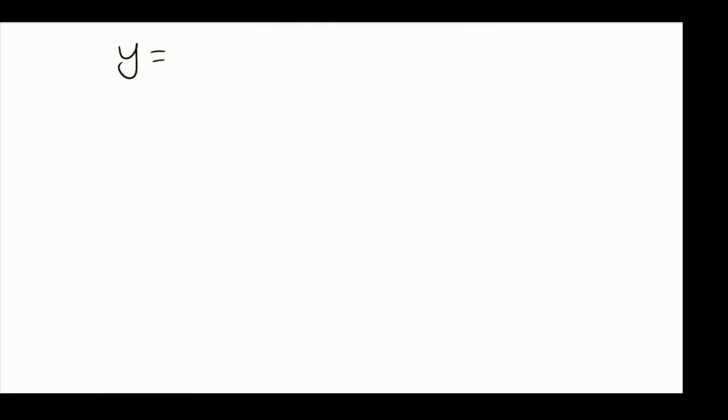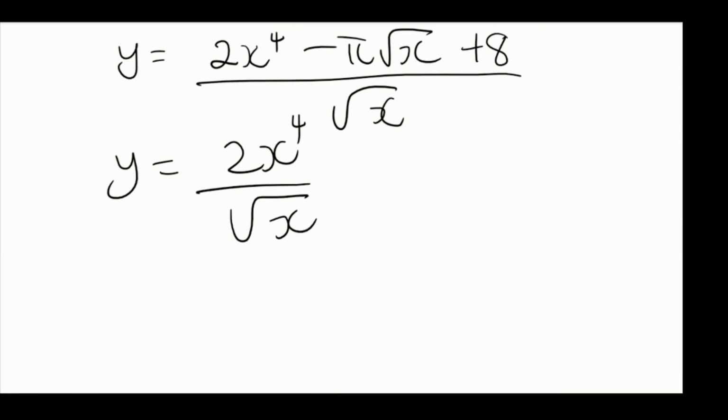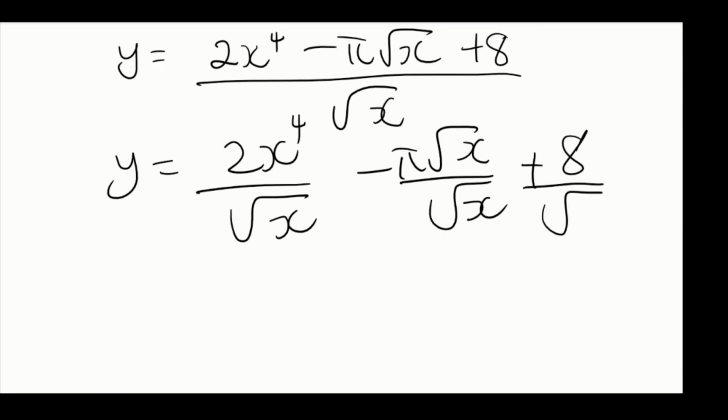Having y is equal to 2x to the power of 4 minus pi root of x plus 8 over root of x. Before we derive, let's first break this problem. It's going to be broken like this: minus pi root of x over root of x plus 8 over root of x.